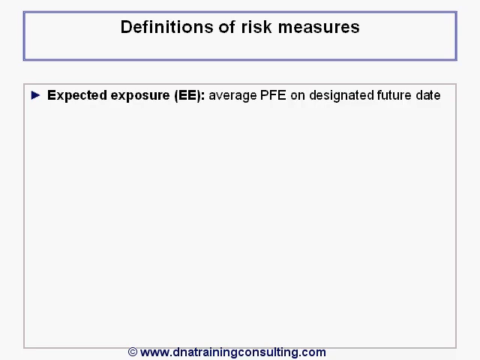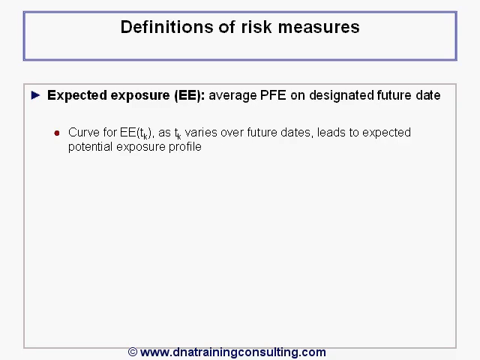Expected exposure, EE, is the average PFE on a designated future date. The curve for EE(T), as T varies over dates in the future, leads to the expected exposure profile.